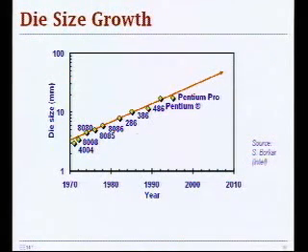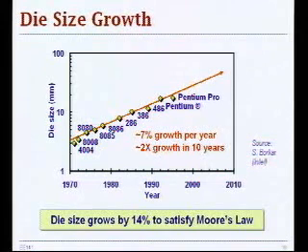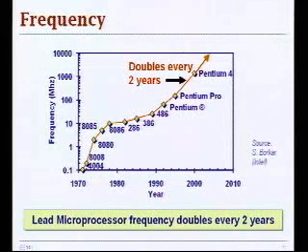To satisfy Moore's law, die size grew about 2 times every 10 years, or 14% every 2 years. Frequency in microprocessors first rapidly increased, then leveled off, and then picked up again at the 2x rate when NMOS implementations were replaced with full CMOS designs. So the takeaway point here is also that lead microprocessor frequency doubles every 2 years.